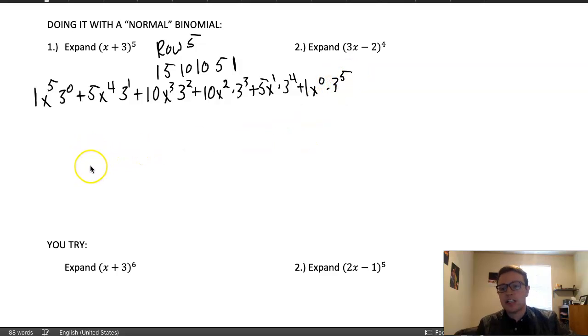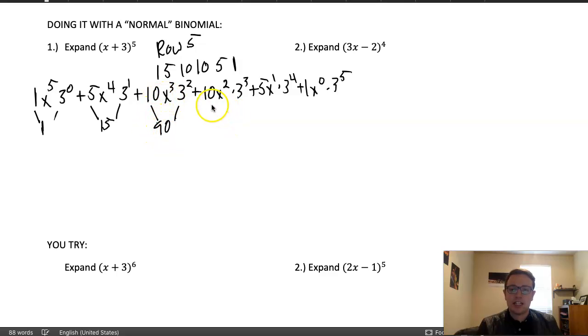At this point, we're going to need a calculator to simplify all of these powers of 3 and multiply them together with our coefficients. For this first one, we have 1, and 3 to the 0 is 1, so our coefficient is going to be 1. For this next one, we're going to have 5 times 3 to the 1, or 5 times 3, which will give us 15 as our final coefficient. Then we have to multiply 10 and 3 squared. 3 squared is 9, and 9 times 10 gives us 90.